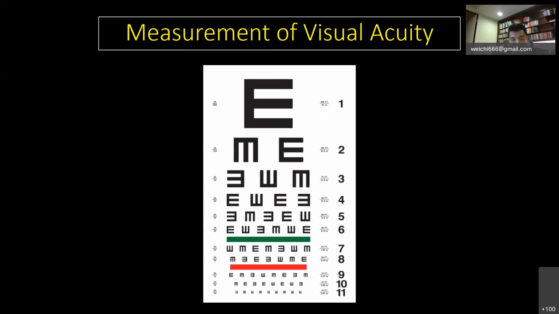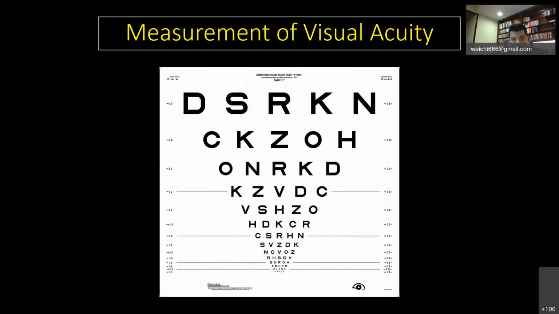You have different kinds of charts: the C chart, the E chart, and this is the ETDRS chart. This is a standard chart used in a lot of clinical trials and clinical studies. It takes longer to perform, but it's more accurate.